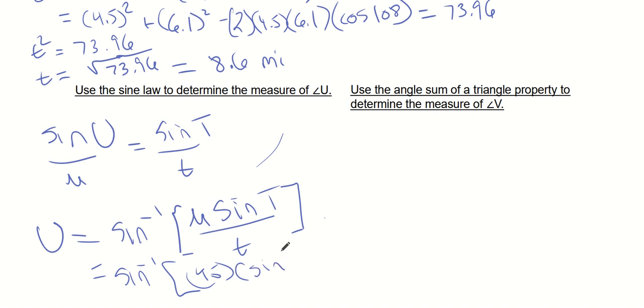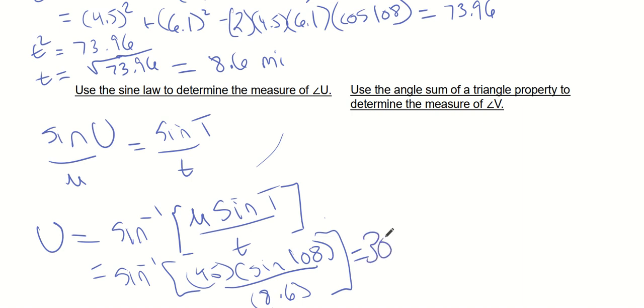Then sine t, the angle t, is 108. And everything is over 8.6. That's what we calculated earlier. And then end bracket. And that should give us an angle of 30 degrees.